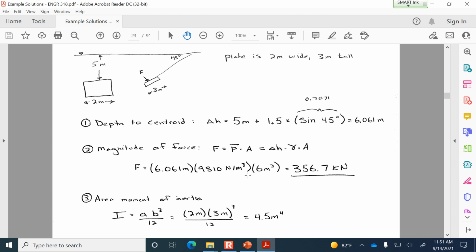I want the vertical component of this sideways distance, so I'll multiply by the sine of 45 degrees, which is 0.7071. The overall delta H is 6.061 meters.